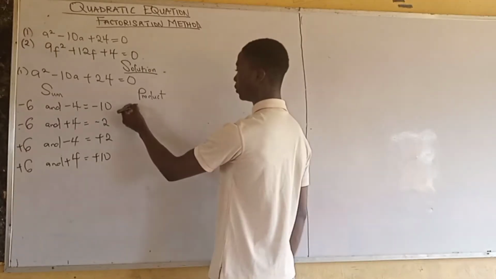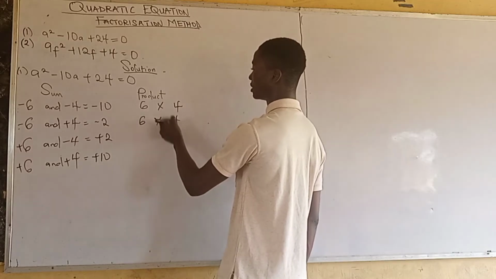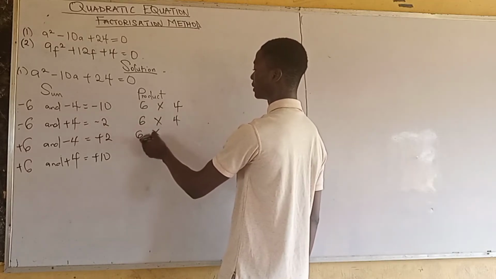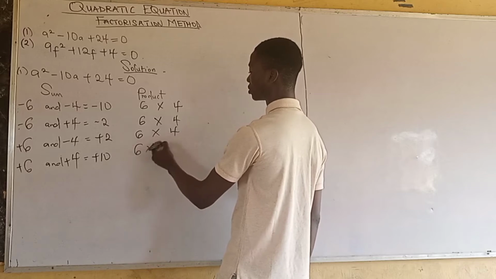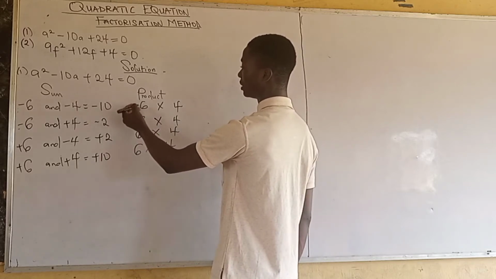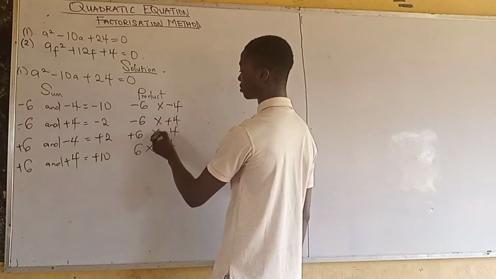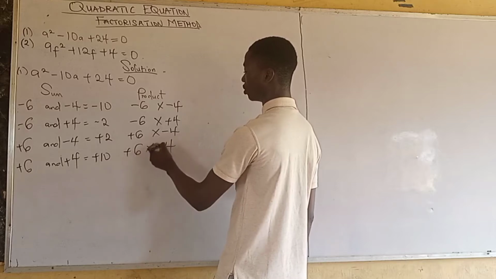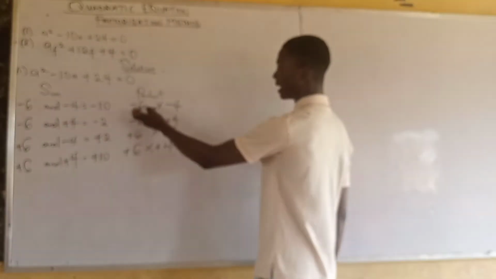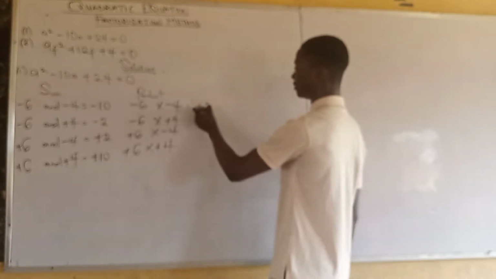Now for the product, we have 6 times 4 with the same sign combinations. Minus 6 times minus 4 will give us plus 24.